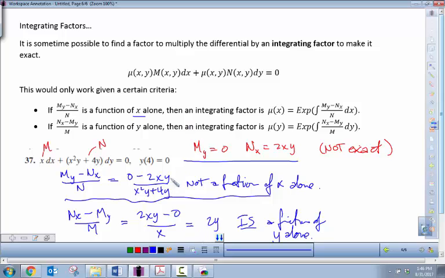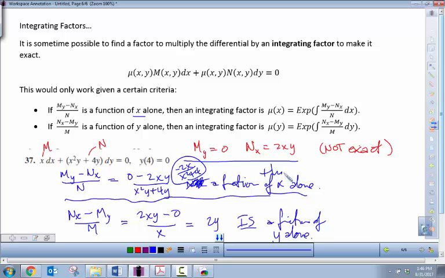And if you were to do that, you would get minus 2x over x squared plus 4. So this could have worked, but I want to integrate that. It's worse, but it would be a function of x as well. Yes. Okay.